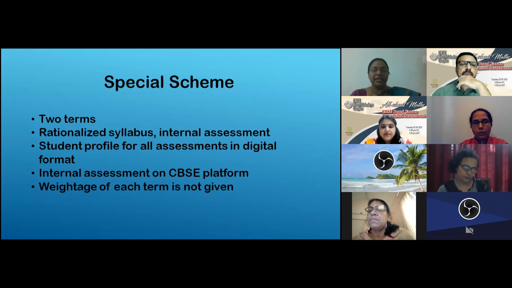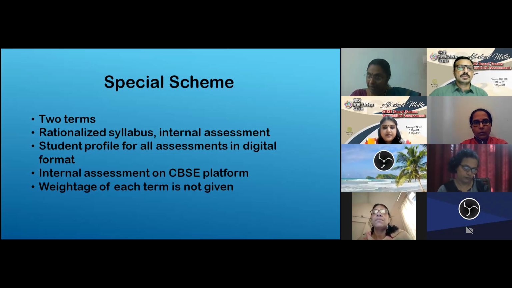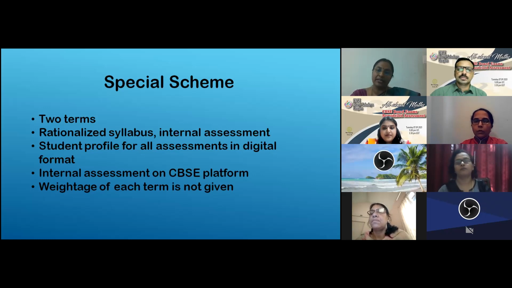But this coming year, that is 2021-22, now CBSE has given the word that please keep all the documents in a digital format. Whenever it is required, whenever we are asked, please produce the necessary documents. That's why it is very important that we keep the student profile for all assessments in digital format. That means, according to us, the portfolio of mathematics should be there in a digital format.